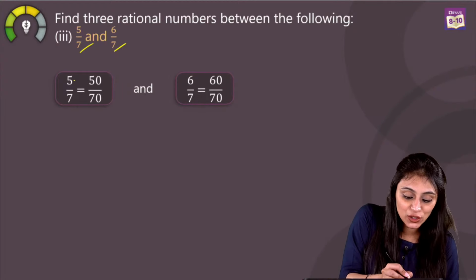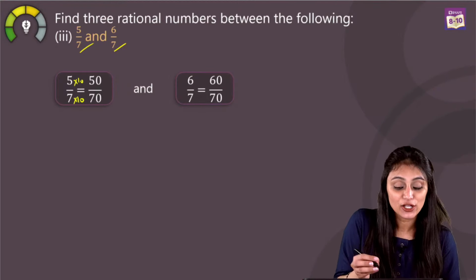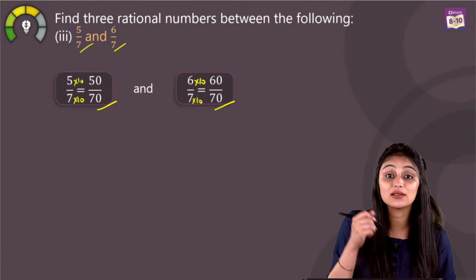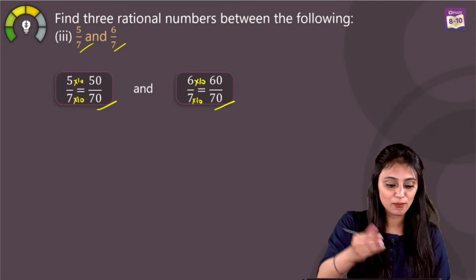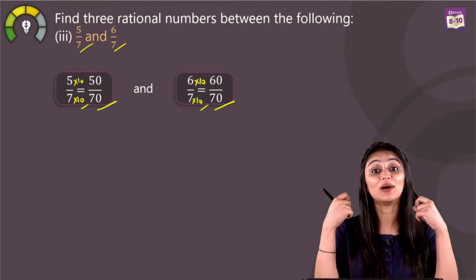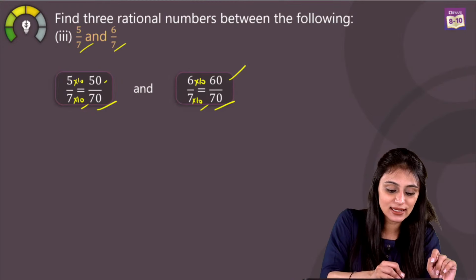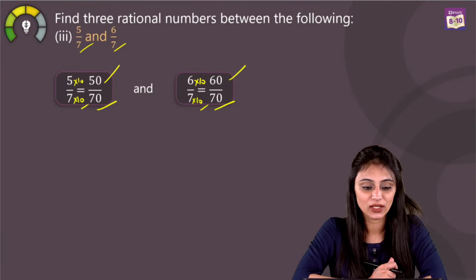Like I have multiplied the numerator and denominator here by 10, so that both of them have the same denominator. This is important. By whatever number you are multiplying in the denominator, you have to multiply by the same number in the numerator also, right? This is 60 and this is 50.